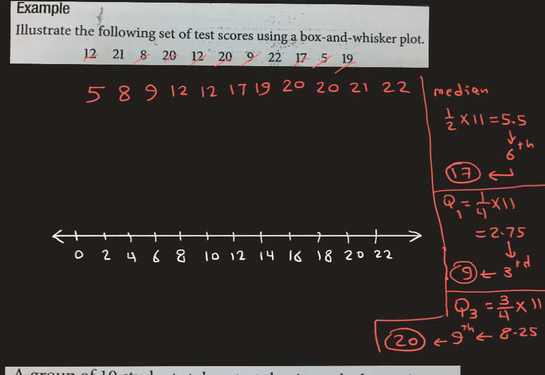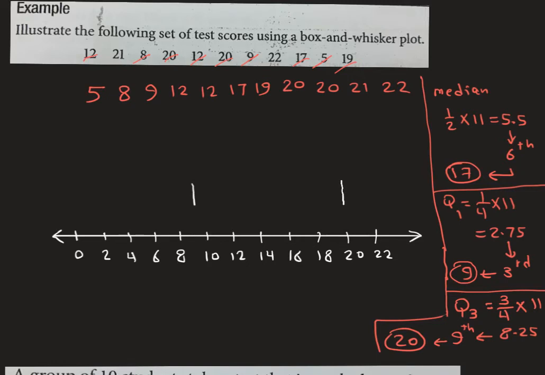You can start with the lower quartile, 9, between 8 and 10. So draw a line. Upper quartile, which is 20, draw the second line.